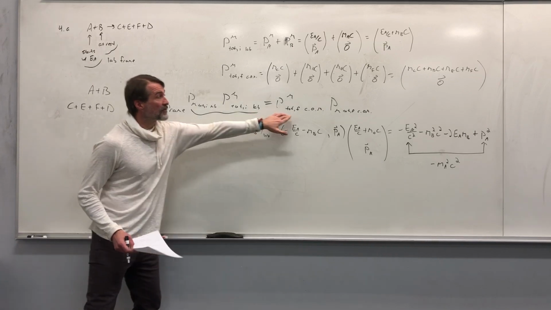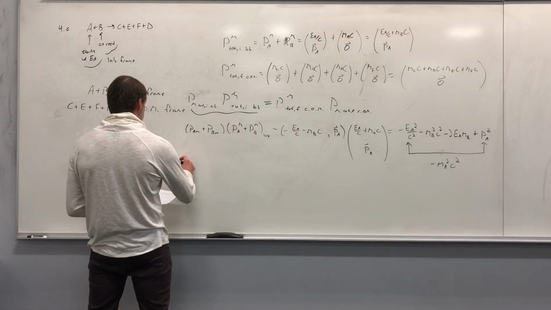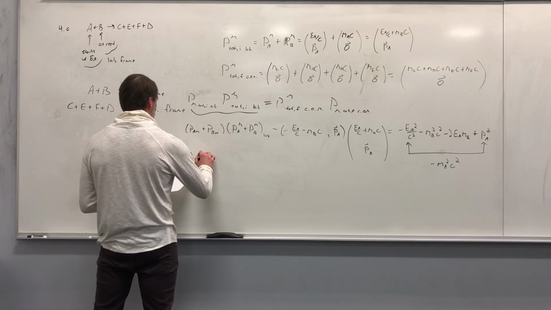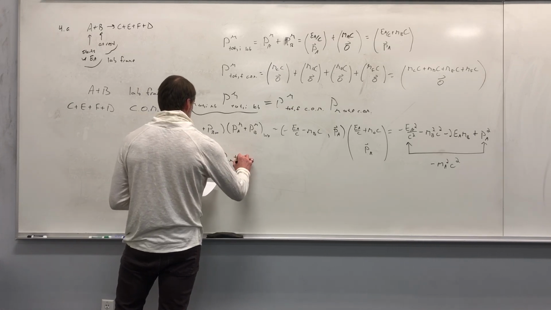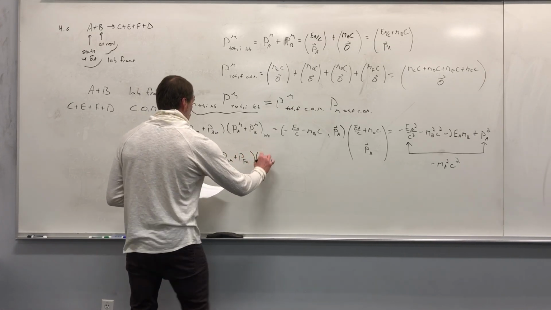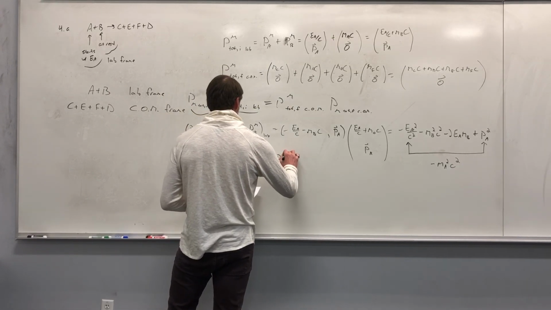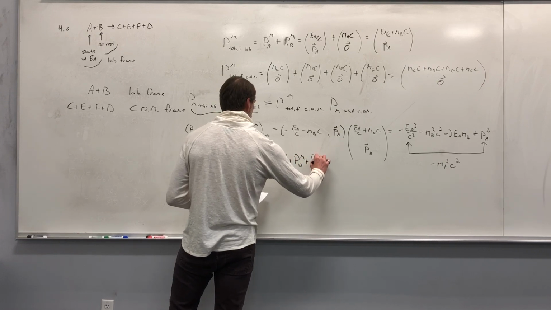So now I'm going to set that equal to this. Let me very quickly bang out that. This is just going to be P_C^μ plus P_E^μ plus P_D^μ plus P_F^μ.